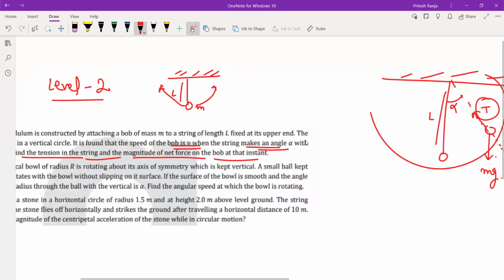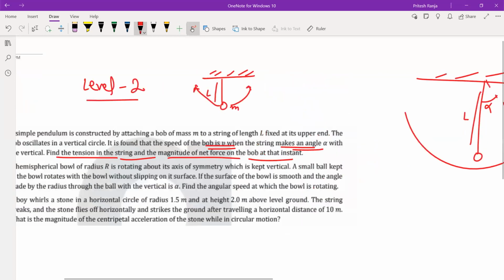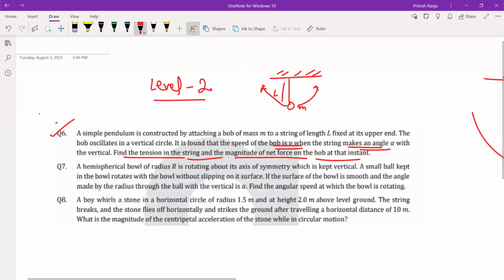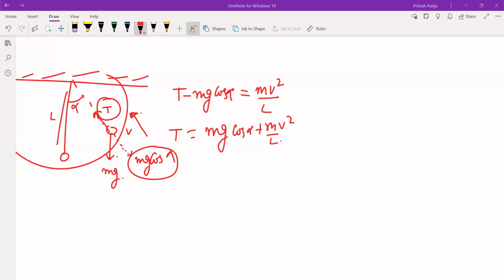And the magnitude of the net force. What will be the magnitude of the net force here? Two forces are acting. One centripetal force is acting and another mg sine alpha is acting, right?